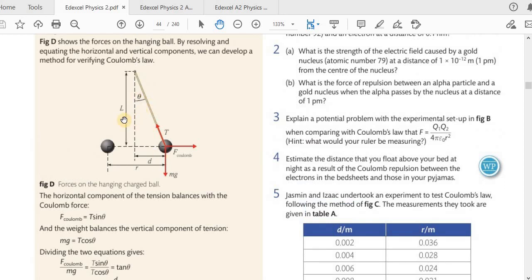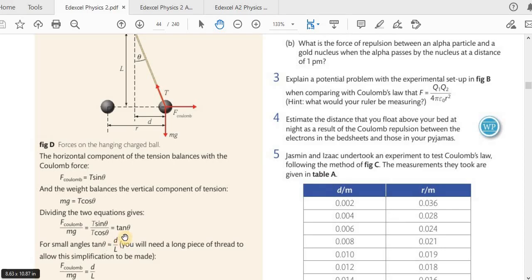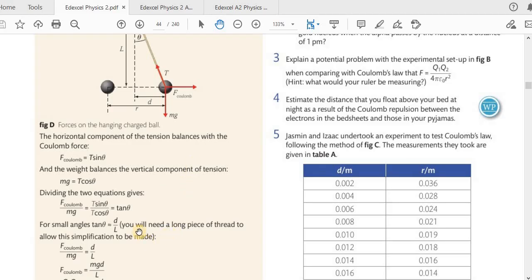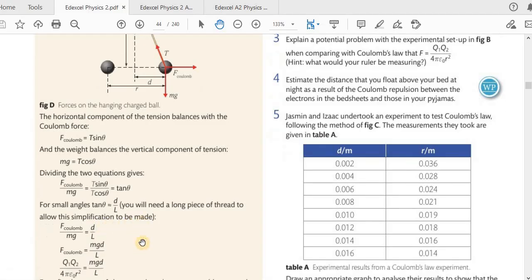Opposite over adjacent. So opposite is d. If you look at this triangle, you can see opposite over adjacent. You will need a long piece of thread to allow this simplification to be made. So here we have tan theta, this over this is tan theta, and also tan theta is equal to this. So we can set them equal to each other.